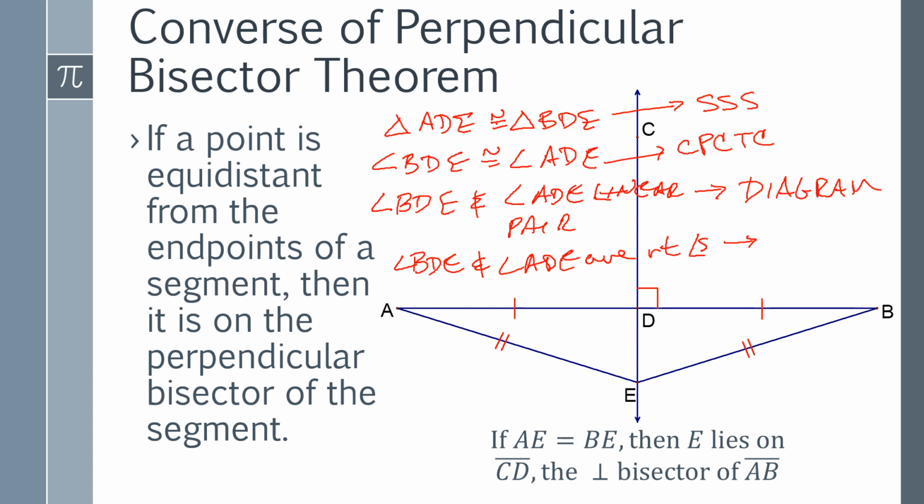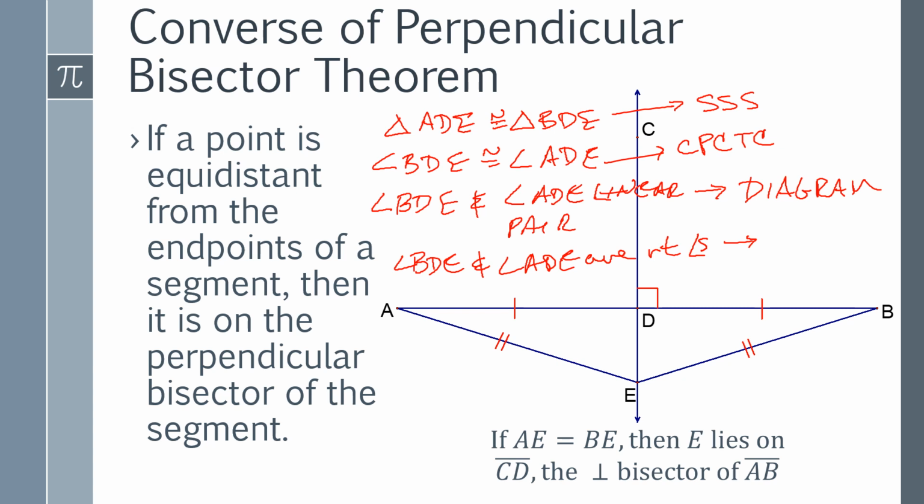And that's due to both angles having to add up to 90, since they're right angles, angles that are congruent that form a linear pair of right angles.